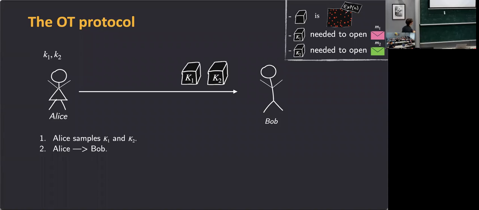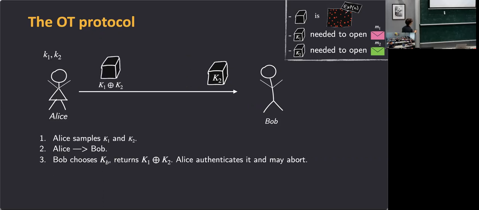He will be left with K1 XOR K2 and K2. And then he will send back the other state, this state. If he had chosen the first message, he could have kept K1 and still sent K1 XOR K2. What's nice is that we already see that no matter what Bob's choice is, he's going to send back exactly the same state.